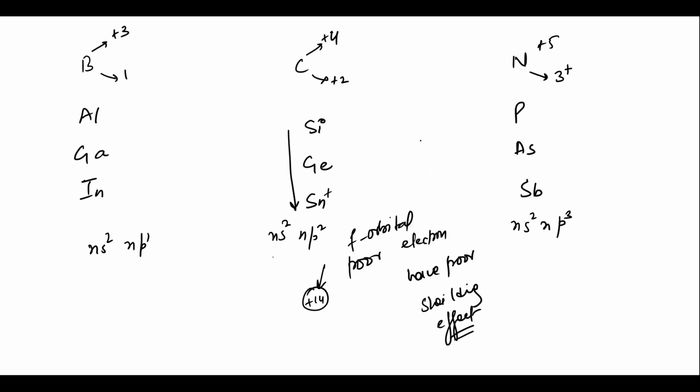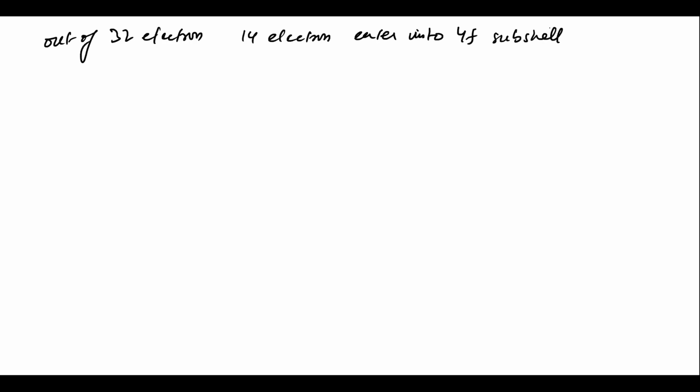As we go down the group, 32 electrons are added as the next shell, and out of these 32 electrons, 14 electrons enter the inner 4f subshell.